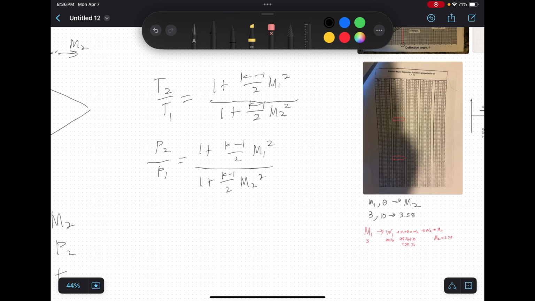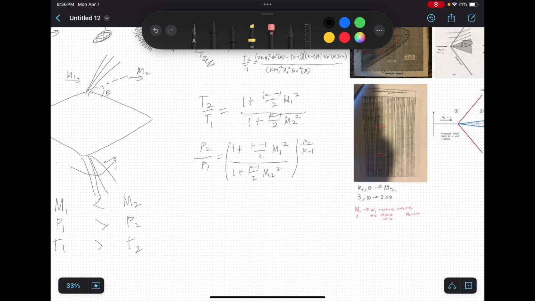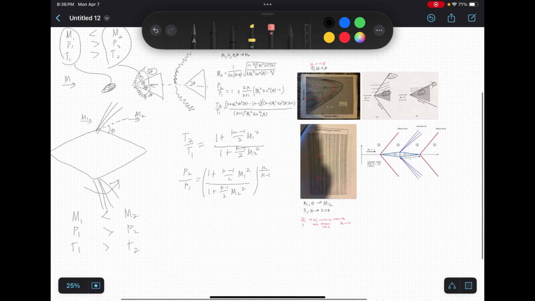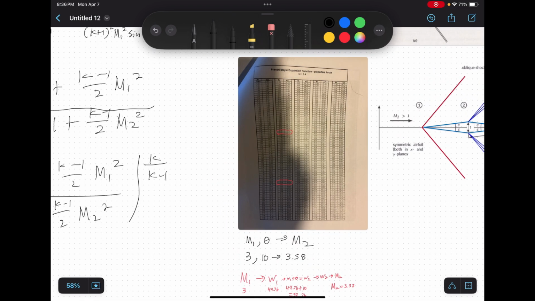It's literally the exact same equation, except it's to the power of k minus 1. There you go. Those are those two equations. And I think that's about it.